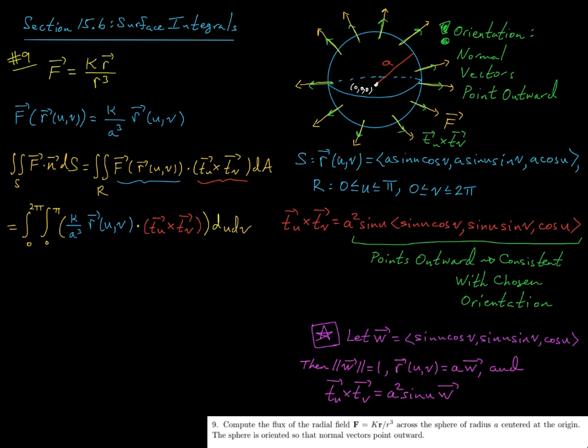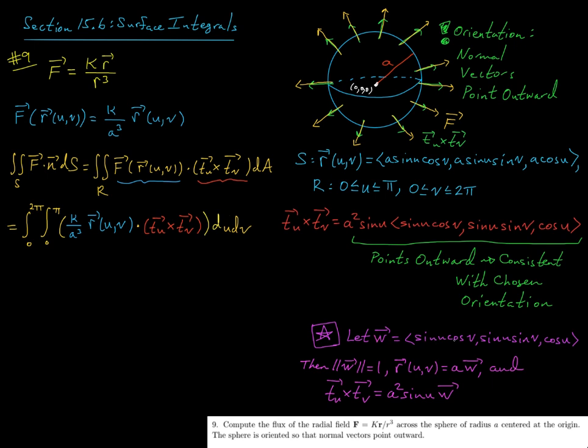If I look at the position vector r, I get this vector, which I'll call w: sine u cos v, sine u sine v, cos u. That's just multiplied by a to get the vector r. And likewise for tu cross tv, there's that vector w, and then I just have a factor of a squared sine u out front.